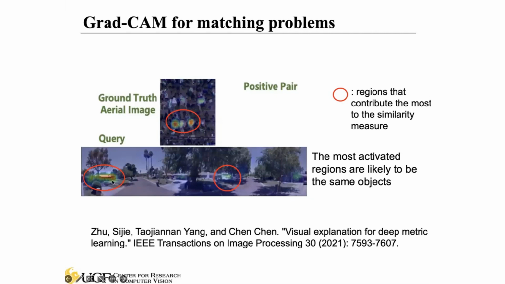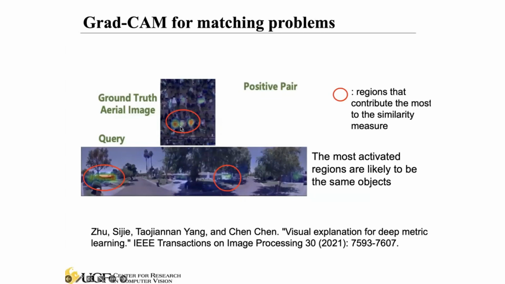So here, the visualization tool is able to highlight this house region. If you go to the satellite image, it actually corresponds to this particular house in the satellite view. So this gives us a sense of what kind of information this model is actually using to do this matching.